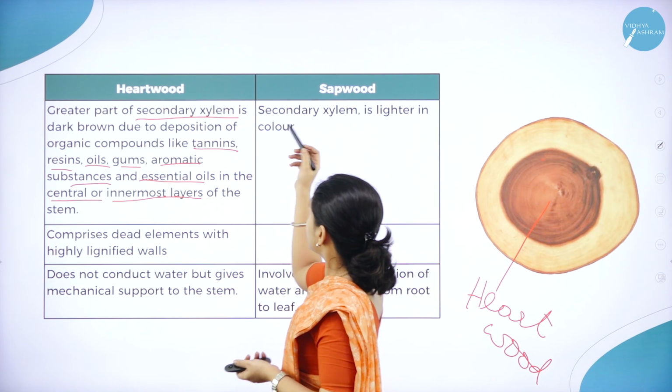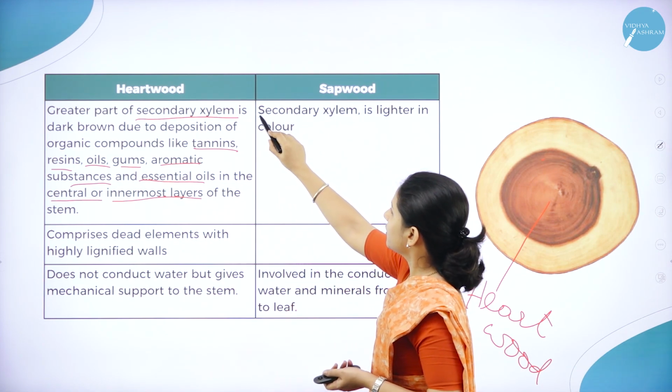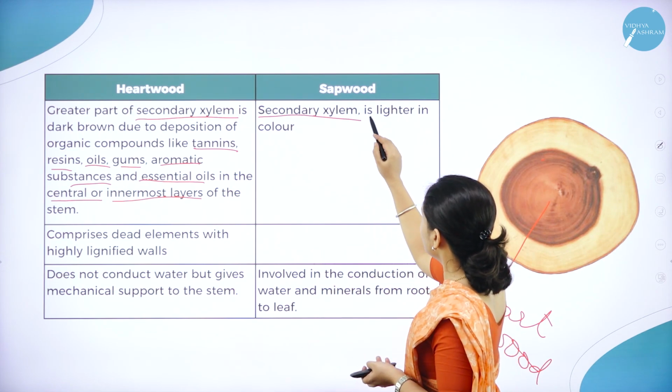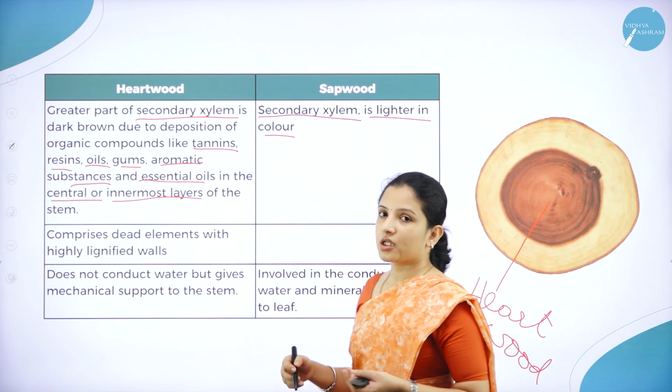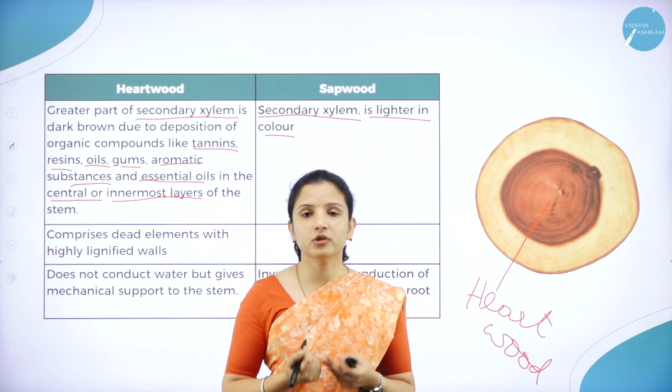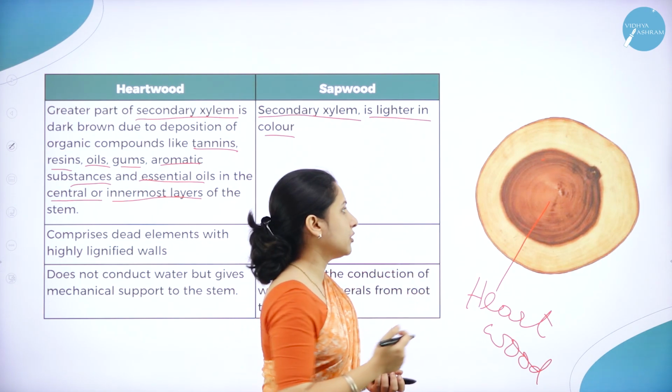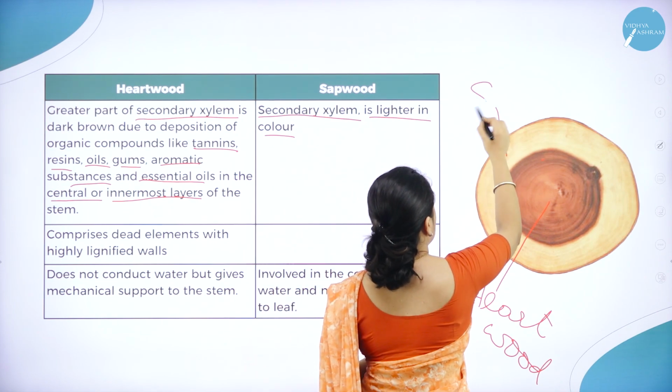Next, when talking about the sapwood, here also secondary xylem is present, but it is lighter in color. Why? Because in that particular region, all these organic compounds are not produced, or are produced in minimal or negligible amounts. So this is the sapwood.